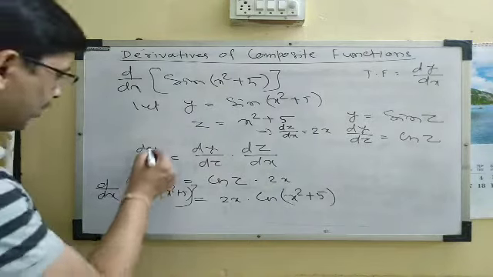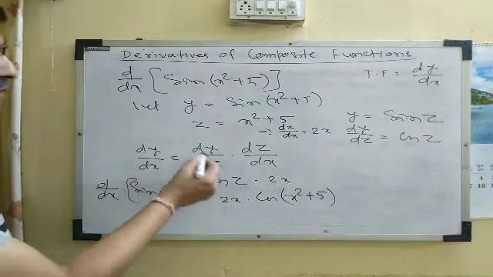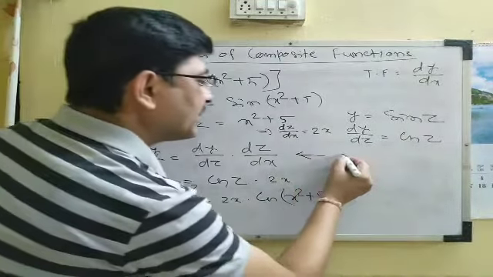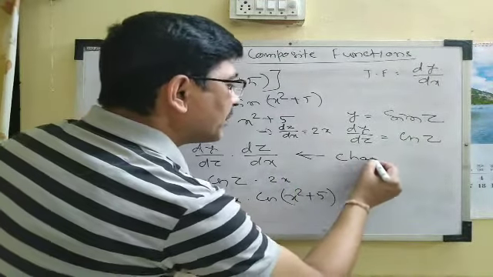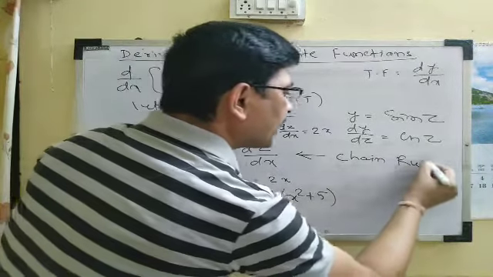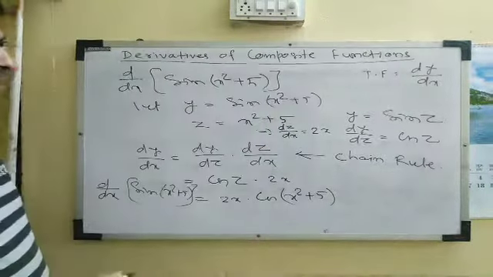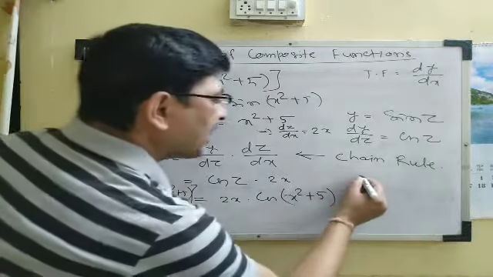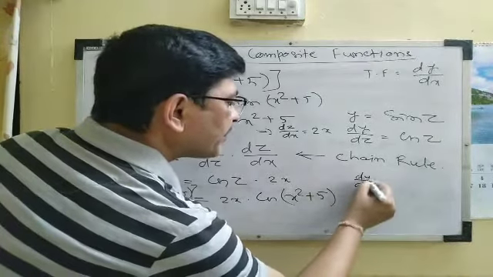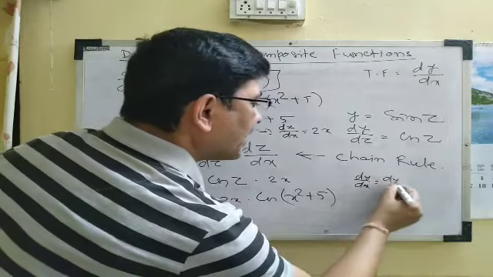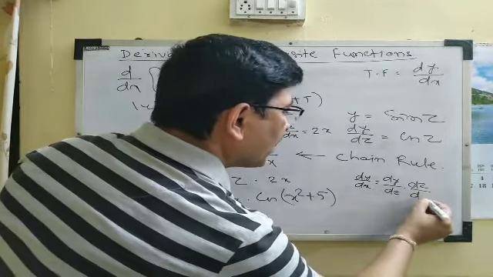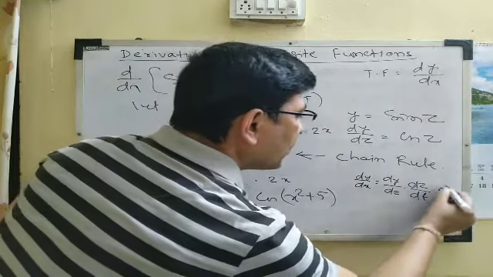So this law, dy by dx is equal to dy by dz into dz by dx, is known as chain rule. With the help of this chain rule, we can extend it. How? dy by dx can be written as dy by dz into dz by dt into dt by dx.